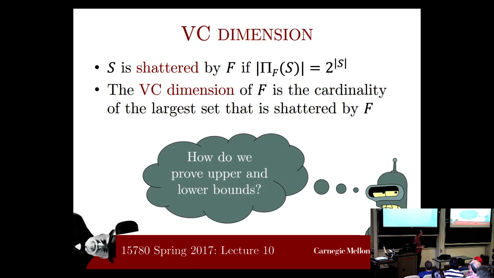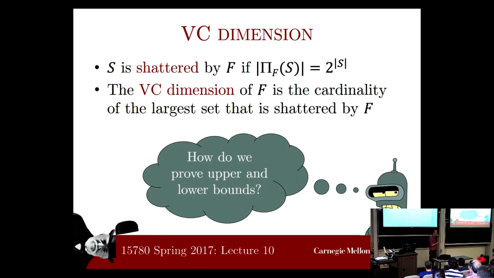Okay? So now how do you prove an upper bound? How do you prove that the VC dimension is at most D? Okay, so it's a logic exercise with quantifiers. Yeah? For every set of size D or larger, we have to show that F cannot shatter. D or larger? Almost. Just D plus 1, larger than D, right?